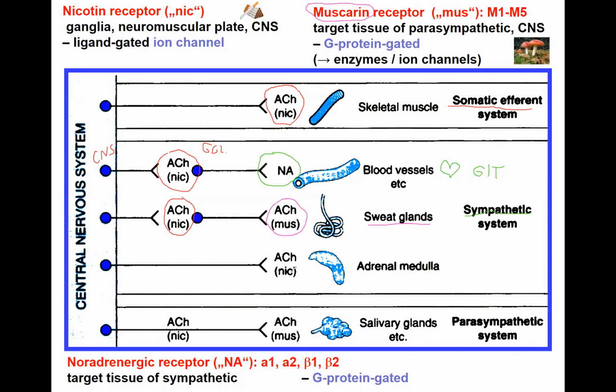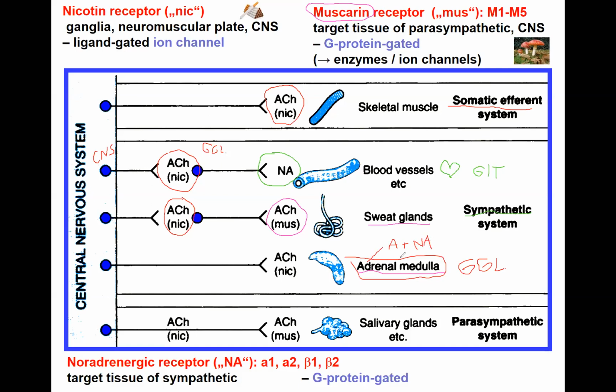Another exception is the adrenal medulla. The adrenal medulla is a ganglion. It's in the suprarenal gland, and the main production of the adrenal medulla is adrenaline and noradrenaline, epinephrine and norepinephrine.